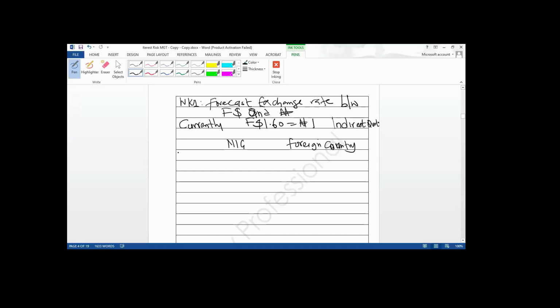The examiner says inflation in Nigeria is 5.6%. Inflation in the foreign country is 10%. That means we can use purchasing power parity to forecast exchange rate.